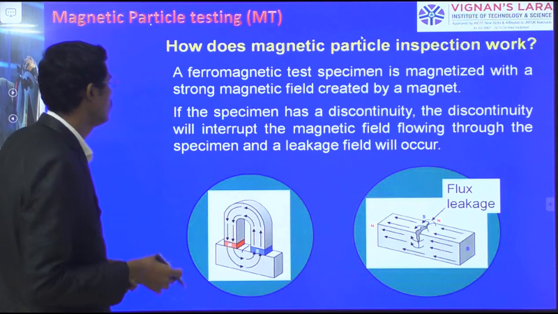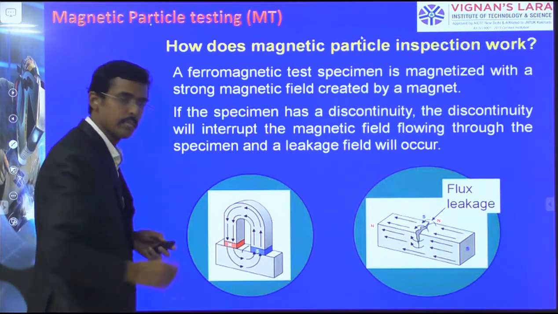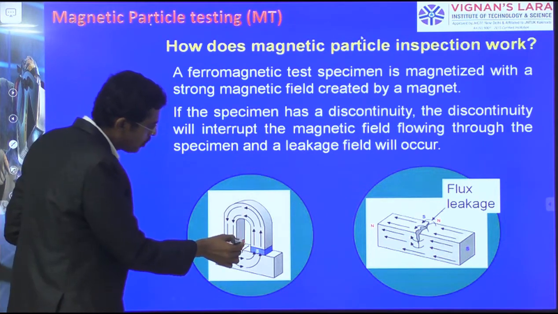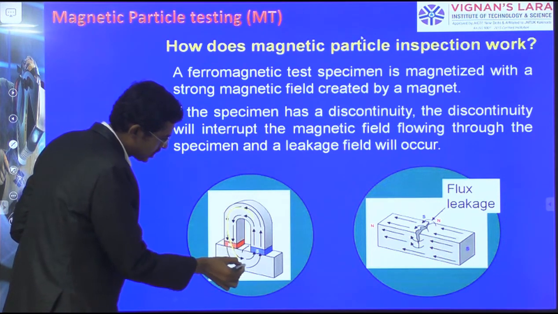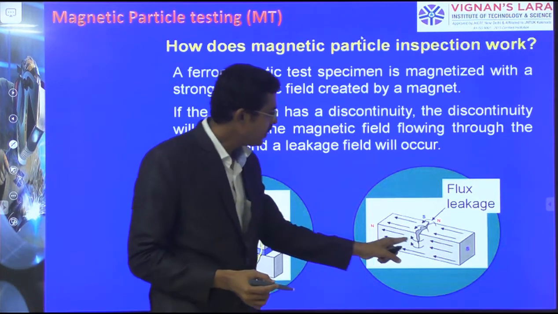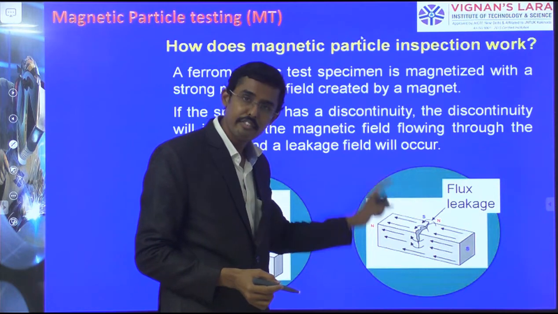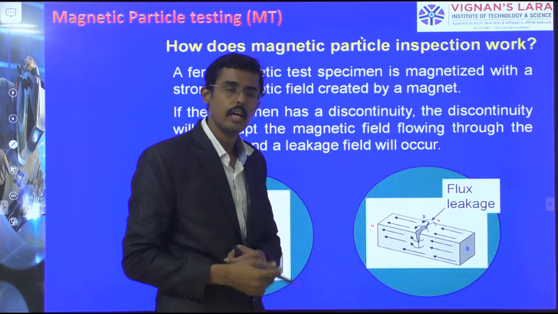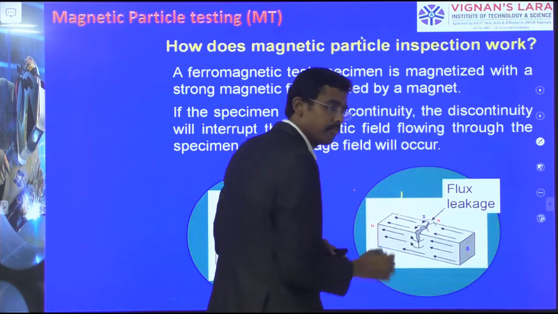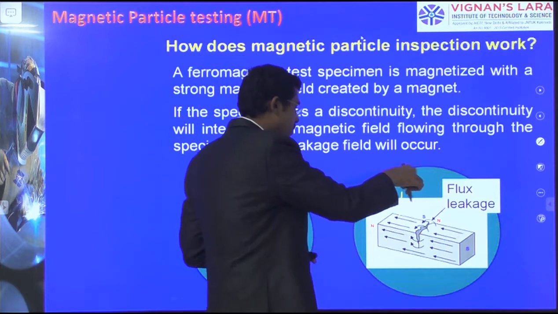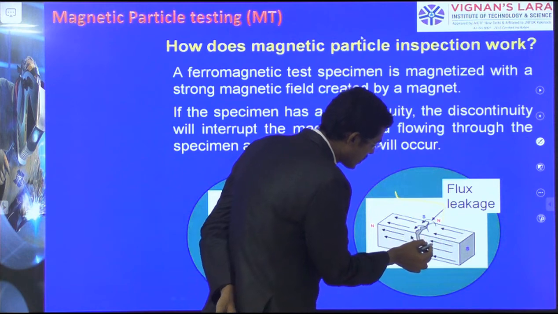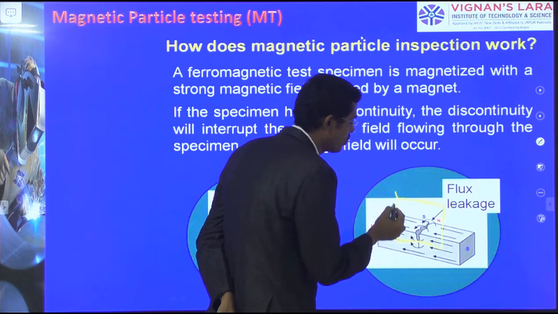Likewise, you see here in this image, I am keeping the north pole and south pole magnets here. The field is circulating from north pole to south pole. When there is a defect in the specimen and I connect the magnetic yoke over it, due to this field the flux wants to travel from here to here.